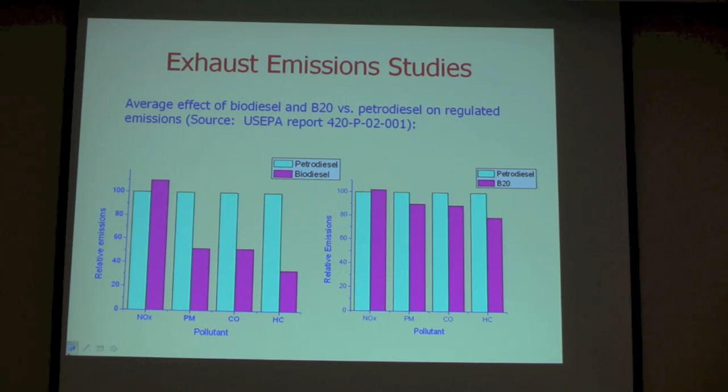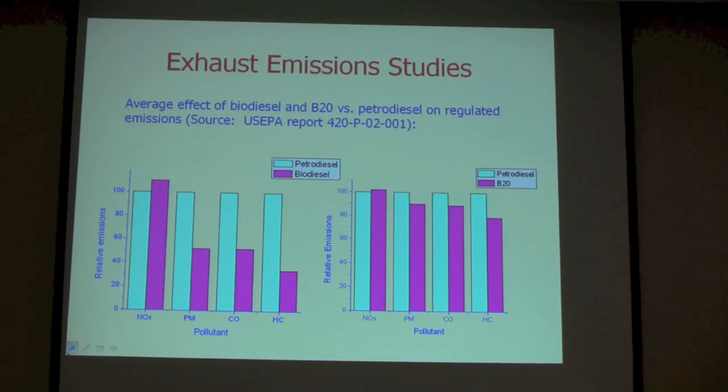The 4 regulated exhaust emission species are NOx, nitrogen oxides, particulate matter, carbon monoxide, and hydrocarbons. NOx and particulate matter are probably the 2 that people care most about.